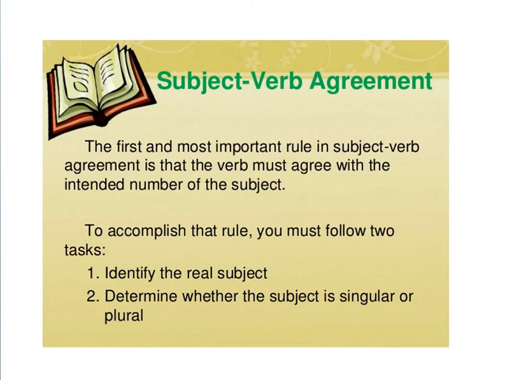The first and most important rule in subject-verb agreement is that the verb must agree with the intended number of the subject.